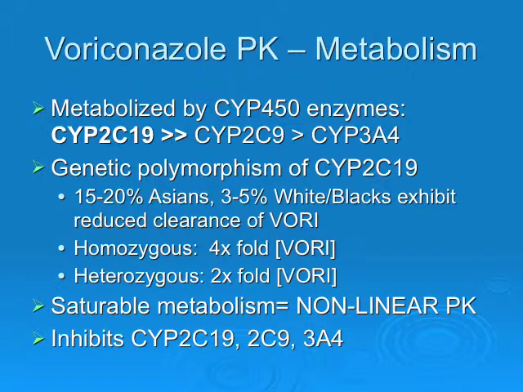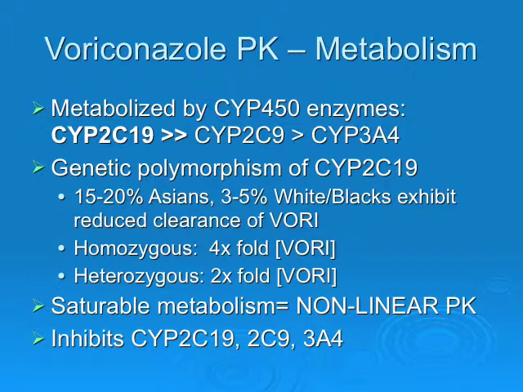If one is homozygous for the trait of reduced 2C19 production, you tend to have fourfold higher voriconazole concentrations than a patient who does not have this trait. And if you're heterozygous for the trait, you tend to have twofold higher voriconazole concentrations. Considering that there are concentration-dependent toxicities that are relevant with this drug, this becomes very important.